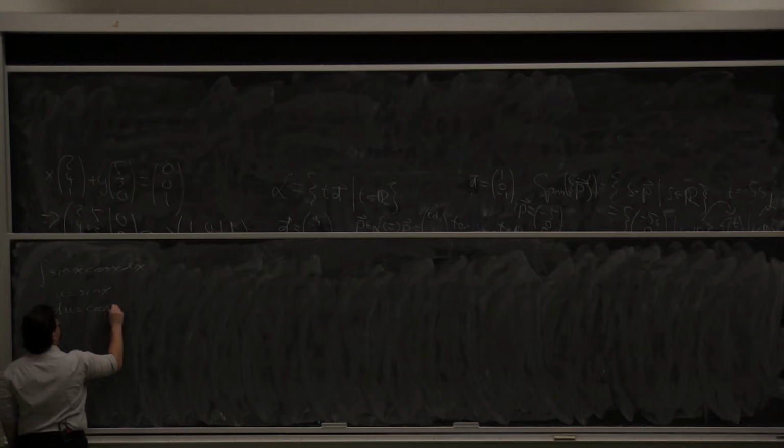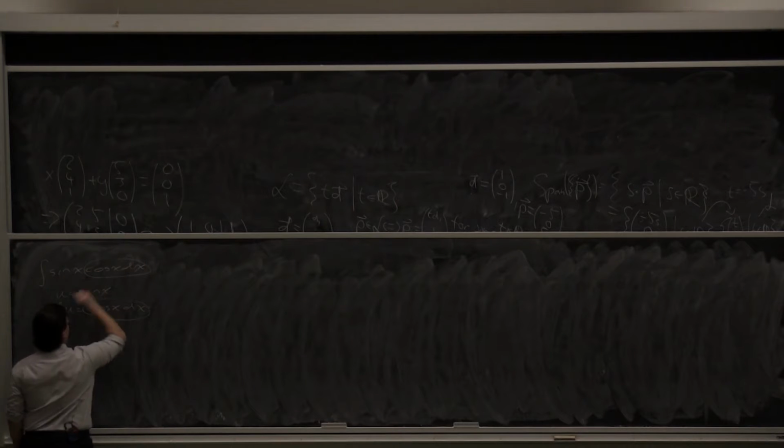So du is equal to cosine of x dx. We can substitute for this directly. And so this simply gives us the integral of u du, which is u squared over 2 plus c.